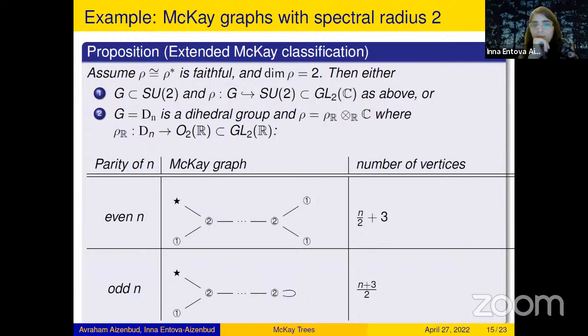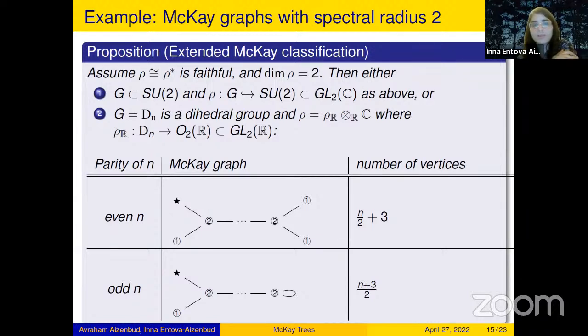So here is a slightly more detailed classification of McKay graphs with spectral radius 2. So these are precisely the graphs corresponding to representations of dimension 2. And here I am assuming that my graph is undirected and connected, which means that rho is self-dual and faithful.